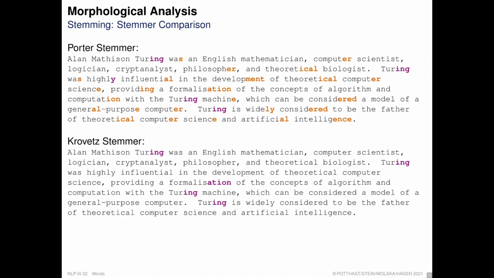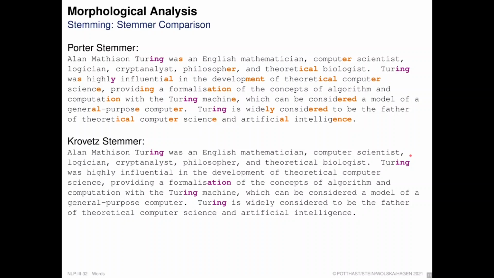Here's an example of what a Porter stemmer versus a Krovetz stemmer would do. The Krovetz stemmer still doesn't know that Turing is not a verb, and it's a proper name. It still doesn't know about some of the endings of complex words.